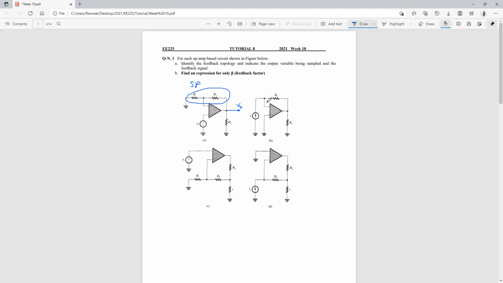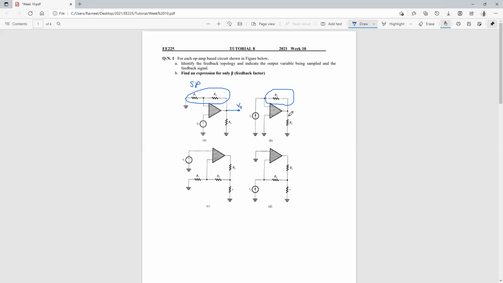In this particular case, you can see this is your feedback network. You do not account your RL as part of your feedback network. You can see this feedback network is in shunt with your supply current, or supply over here, and it is in parallel to your output.